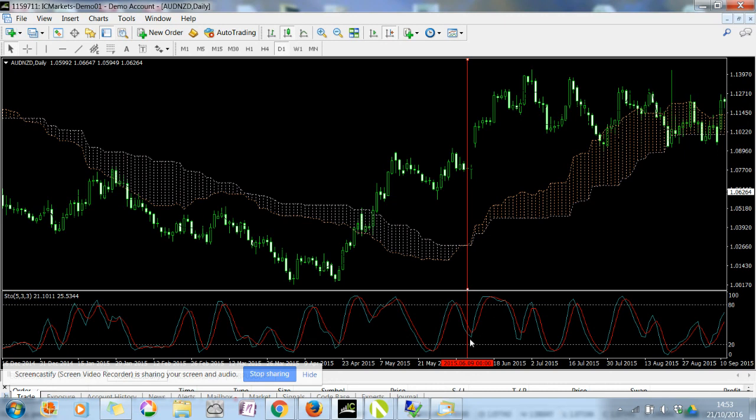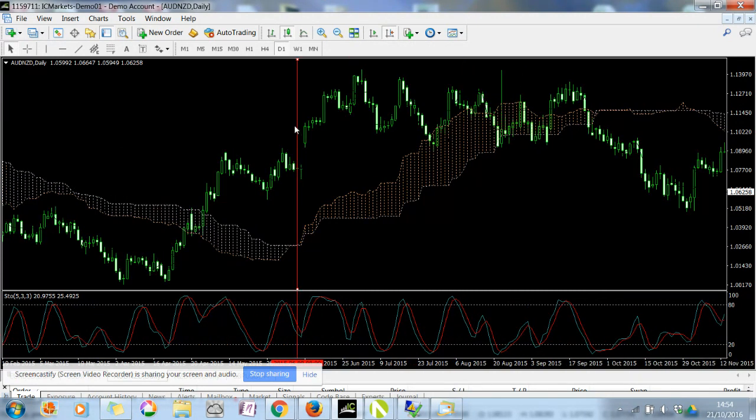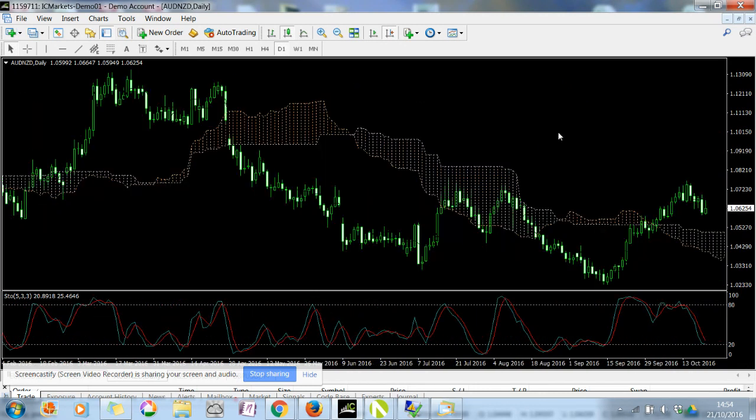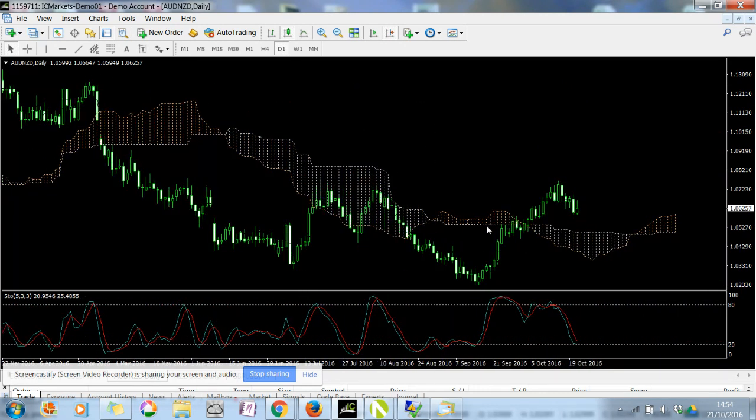You can see that stochastic was running out of momentum, the market was, and where the red and the blue have crossed over, it's now going back up. So that and a couple of other things would indicate that there's a change of direction and you put your trade to go up. So you either go short for it to drop or you go long for it to go up.